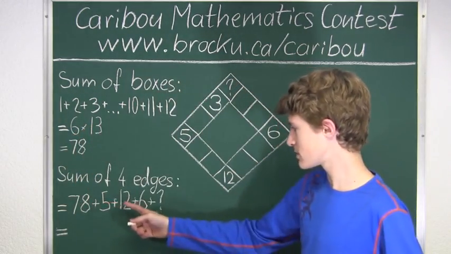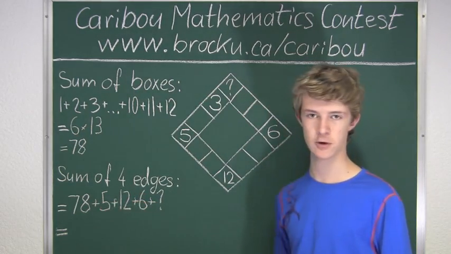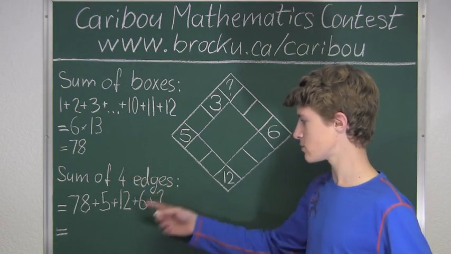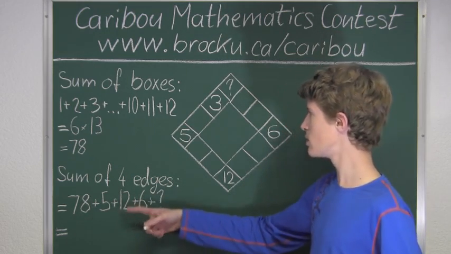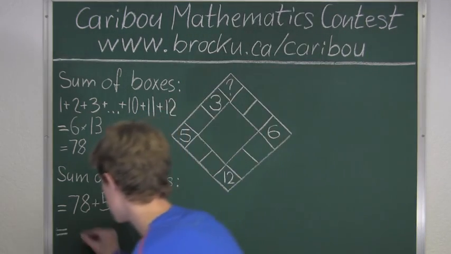So 5 plus 12 is 17, plus 6 is 23, and 78 plus 23 is 101. So the sum of the four edges would have to be 101 plus the question mark, whatever number this is.